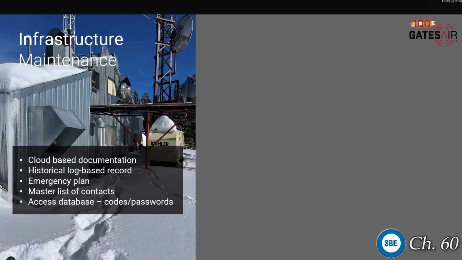Generally, your 911 centers will have an actual specific address for it, and it's important because if for some reason you have an emergency and you need to have 911 come up, you want them to come to the right building. The other thing that you could keep is a master list of contacts, and you could do that in a cloud base.